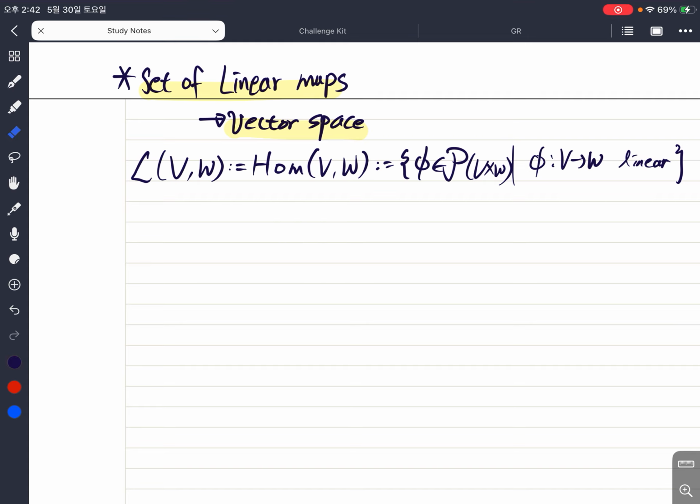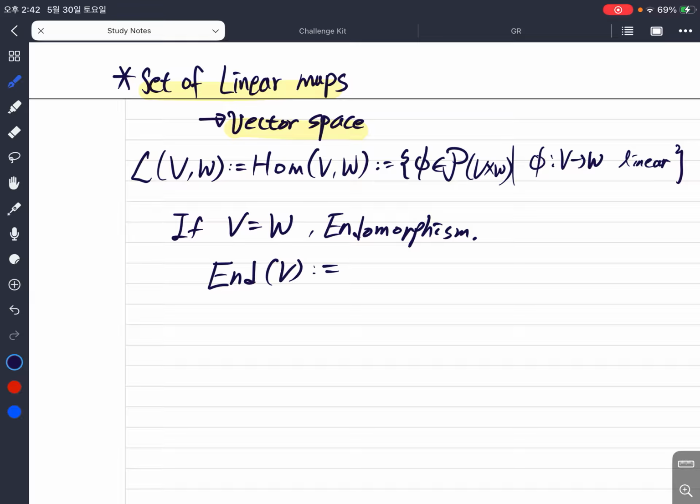Now I'll explain some other notions because we know there are many different homomorphisms. For example, an isomorphism is a bijective homomorphism, and if V equals W, it is called an endomorphism. An endomorphism is nothing but a homomorphism to itself. So we write End(V) for just Hom(V, V).